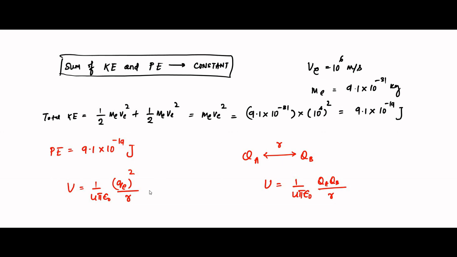Now we want to determine this r, given that the potential energy equals 9.1 into 10 to the power minus 19. That implies 9 into 10 to the power 9 into (1.6 into 10 to the power minus 19 coulomb) square, divided by r, is equal to 9.1 into 10 to the power minus 19.